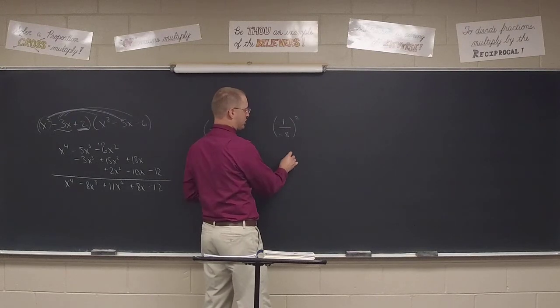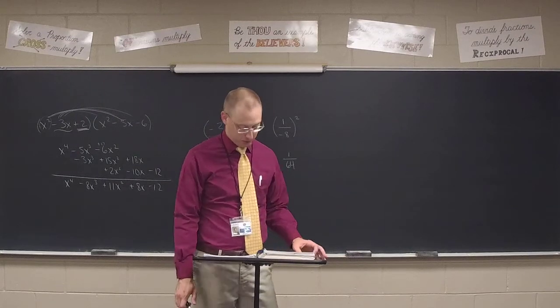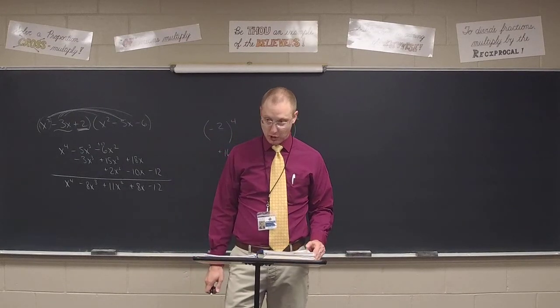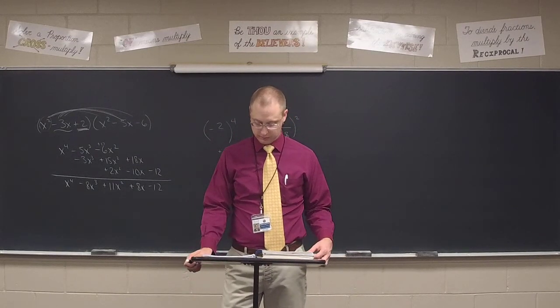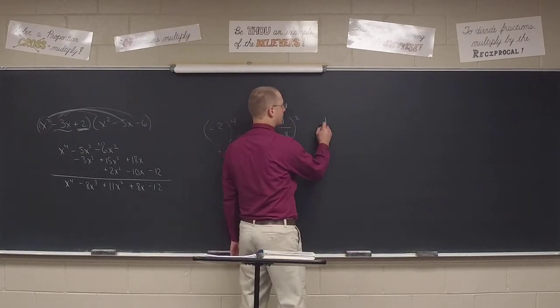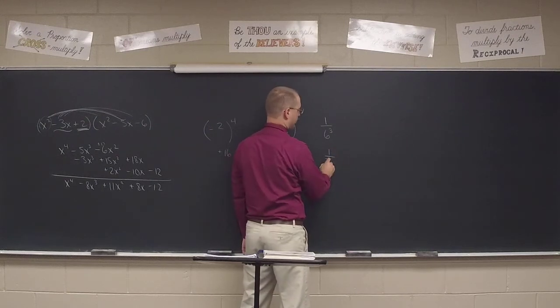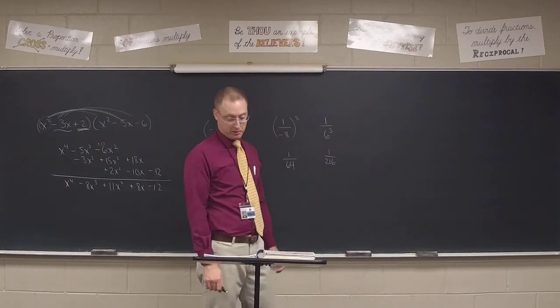And of course, 1 squared just remains a 1. So we end up with 1/64th when we finish the simplification there. How about number 38, Joshua? 1 over 216. Good. We're going to take the reciprocal of 6 cubed. Well, the reciprocal of 6 cubed is 1 over 216. Good job on your multiplication there.